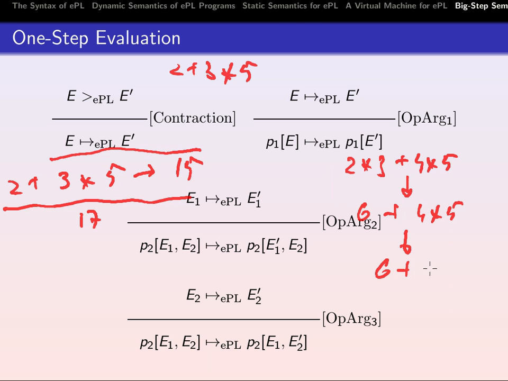I have 6 plus 20, and then finally I have 26, right? So in this, I actually do start and I do see the expression that I want to actually evaluate. Whereas in this format, I don't. Does that make sense? Yes? Mathematically, they're very distinct. They're very different, right? No?